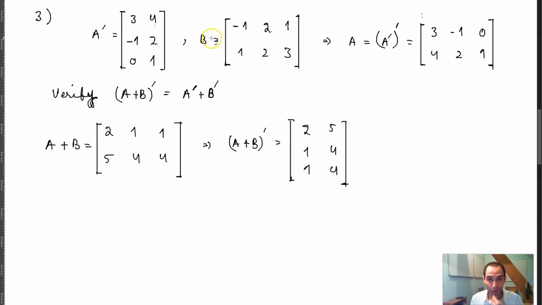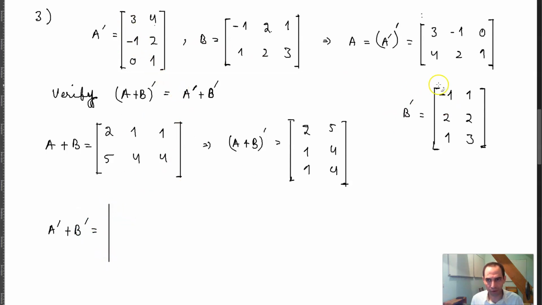Now A prime plus B prime, we can calculate B prime here as well. So B prime would be the transpose of this matrix. So I write this row as a column, negative 1, 2, and 1, 1, 2, and 3. Now A prime plus B prime is equal to this matrix plus this matrix.